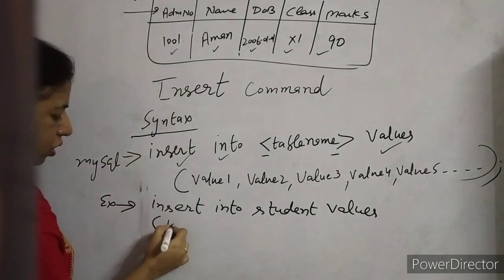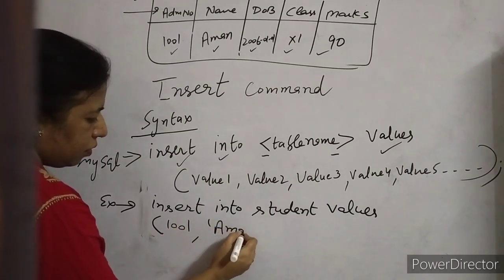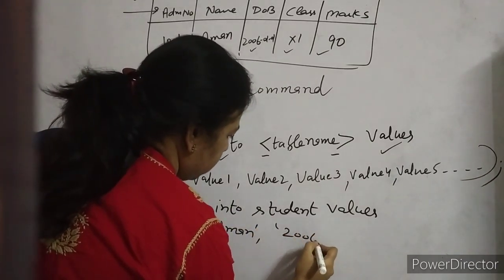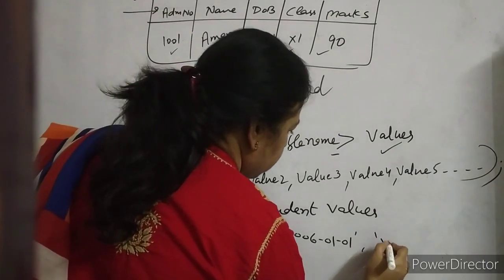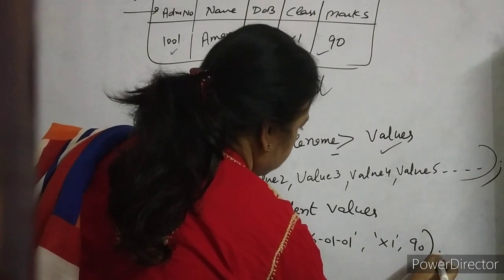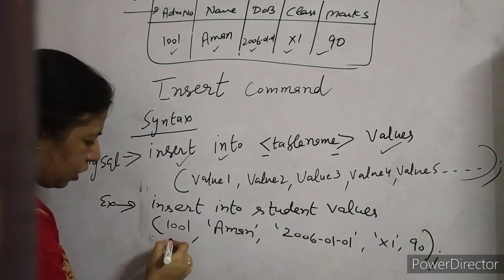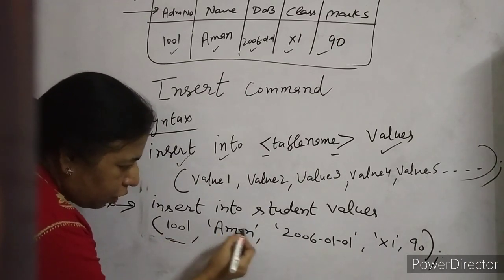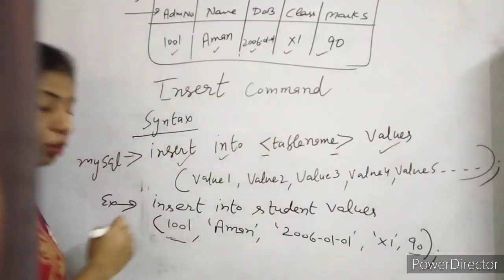First value is 1001, comma, 'Aman', comma, '2006-01-01', then '11th', then 90, bracket close, semicolon. Now you all observe that here I have used single quotes, but here I have not used single quotes.